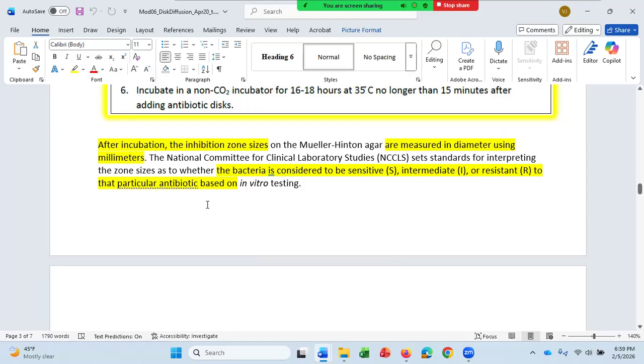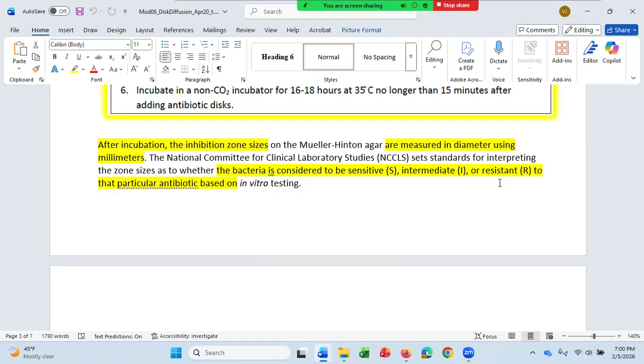For one antibiotic, the tables they generate will have one antibiotic for one concentration, and sometimes they'll have 2 or 3 different concentrations of antibiotics. And then they'll have a size for the zone of inhibition to be sensitive and the size of the zone of inhibition for the bacteria to be resistant.